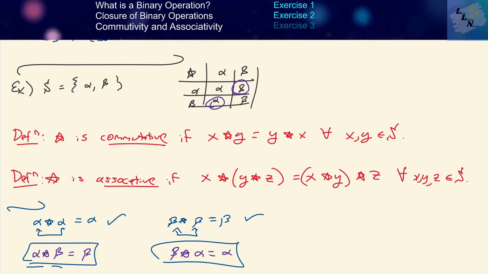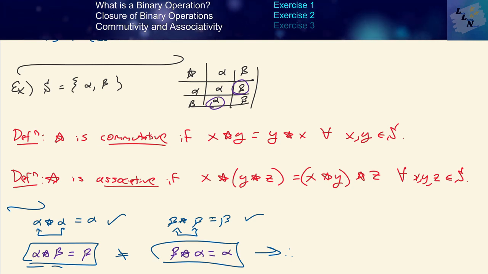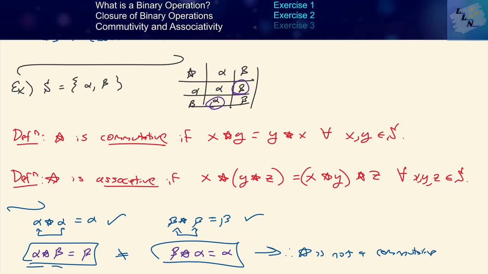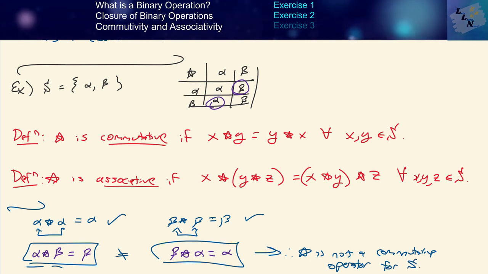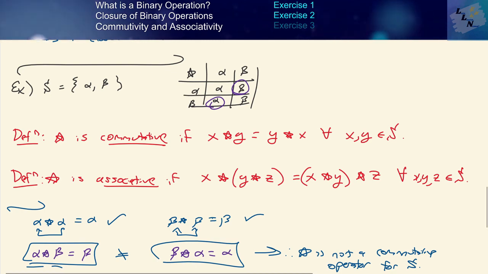And we clearly see for this particular example that these are not equal. Therefore, star is not a commutative operator for this particular set S. Okay, star is not commutative.